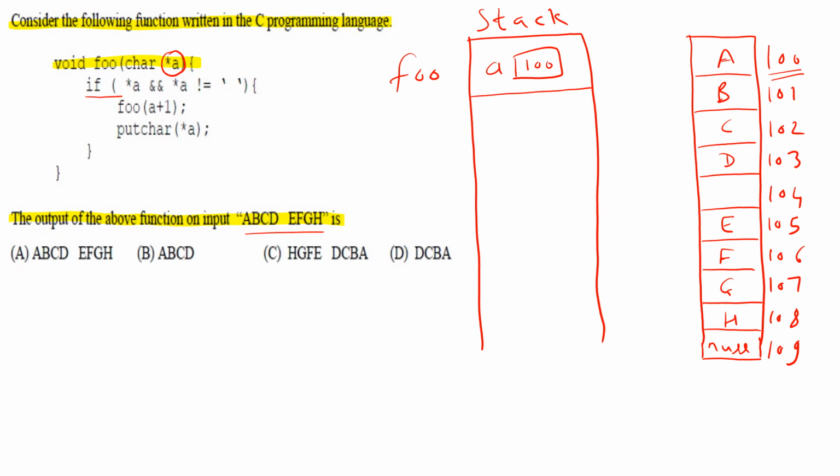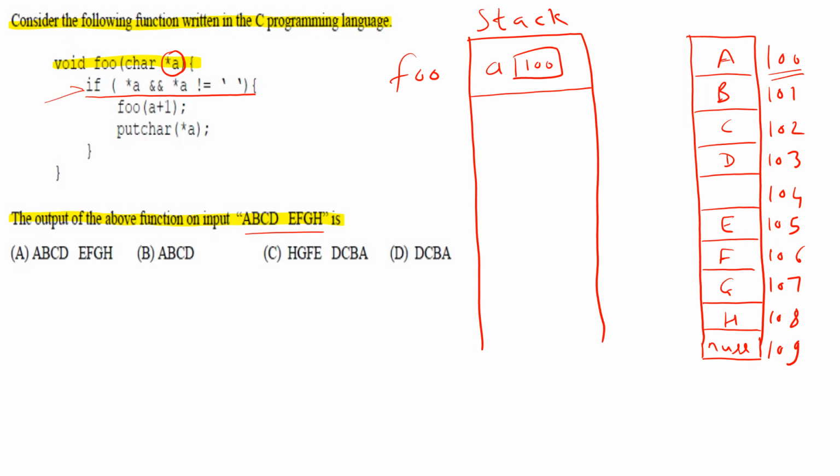Now we have an if condition in which we check whether the address contained in A is pointing to a valid character, and that valid character is not a blank space. So A contains 100, and that address 100 contains a valid character A, and it is not a blank space also.